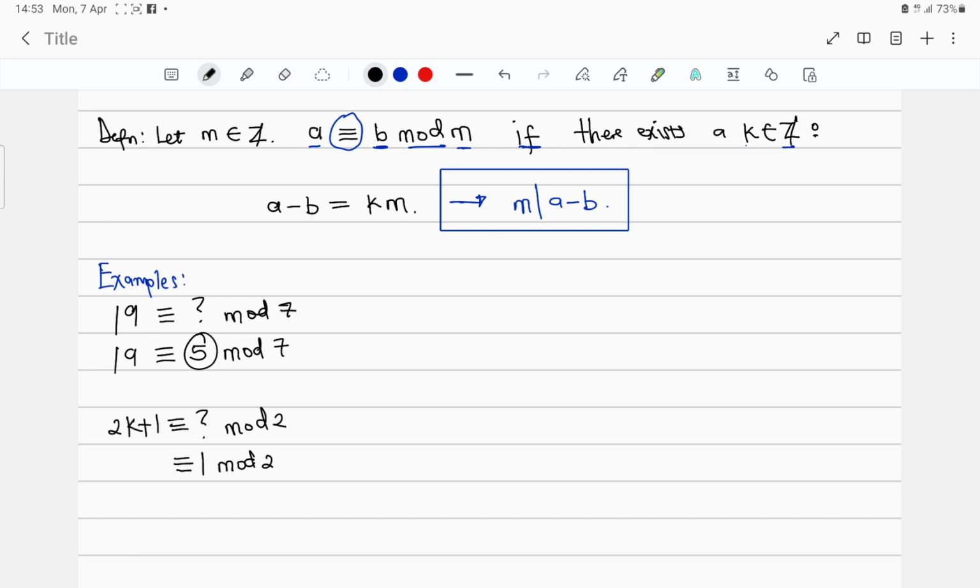There is also a shorthand for this. We say a is congruent to b mod m, or a ≡ b (mod m). All these just mean one thing.